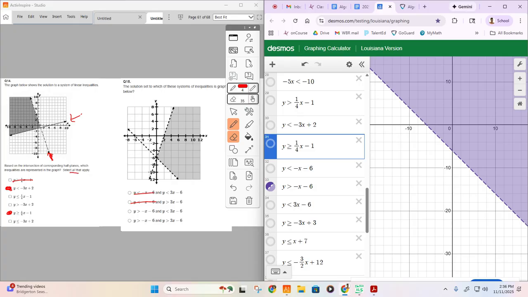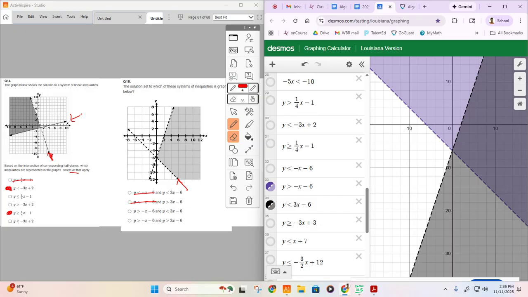So now I see, and that's this part right here, this line here, and the shading. The other line, I'm gonna try y is less than 3x minus 6. Is that what my picture looks like? Is my shaded area the same area that we have here? They're both dotted lines.